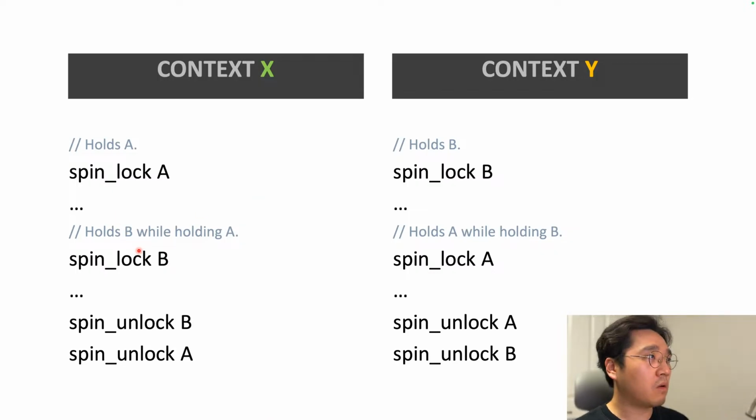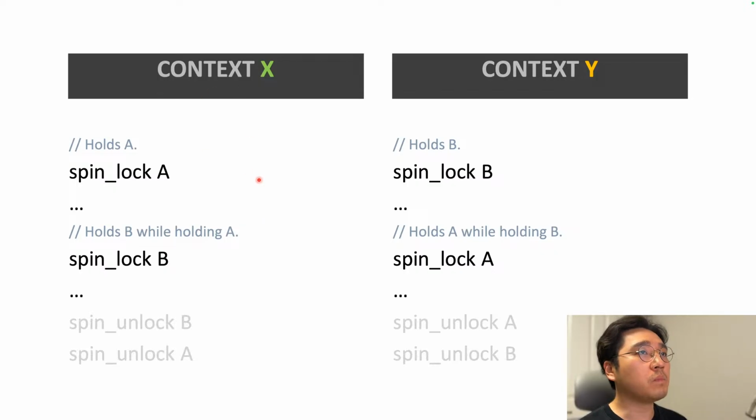Context X wants to hold lock B in this code, but as you know, context Y previously held lock B. Also context Y wants to hold lock A, but lock A was previously held by context X.